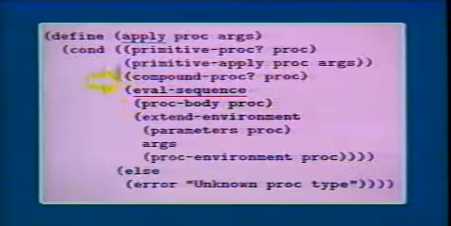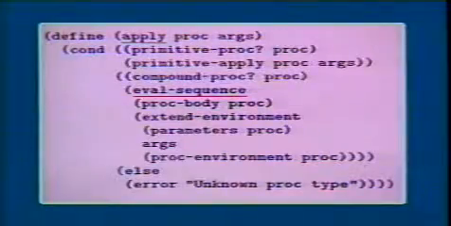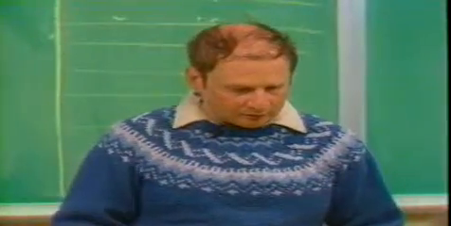And that's the environment in which we evaluate the procedure body. Right? That's going around the apply eval loop. That's apply coming back to call eval. Okay. So now that's all we have to do in compound apply.